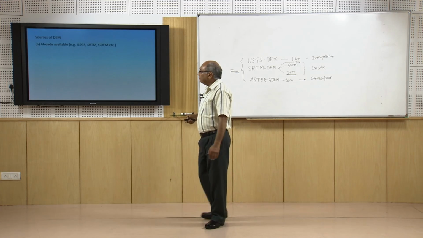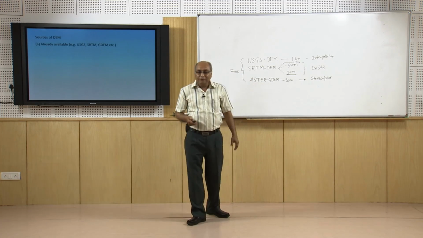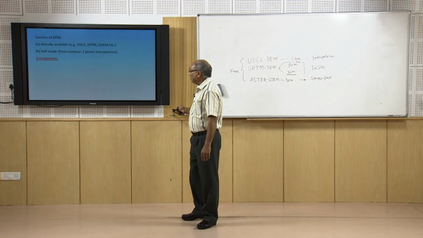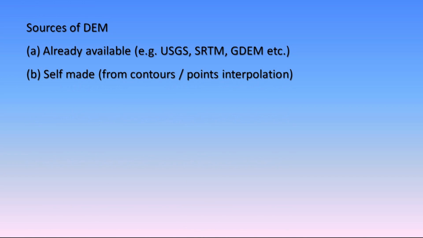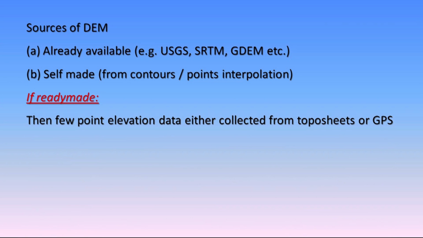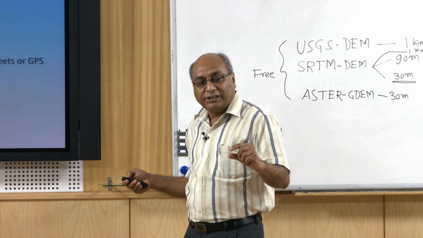Now the sources of DEMs we have already discussed initially, but I am just going quickly through this one. If you are using ready-made DEMs in GIS, and you have some test points available through your topo sheets, you can compare those test points with the corresponding cell values of your digital elevation model and find out the standard deviation and other things.